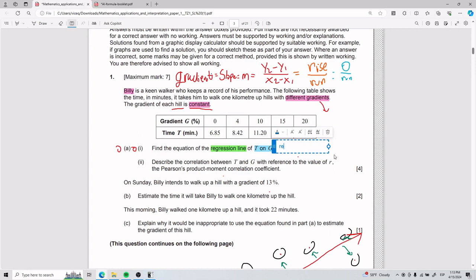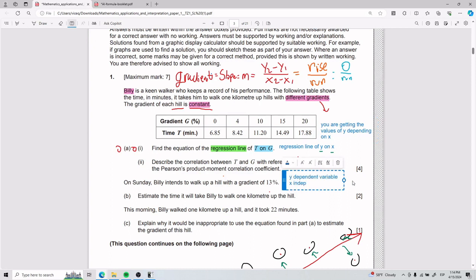The general form is regression line of Y on X. What that means is that you are trying to see the values of Y depending on what you got for X. So Y depends on X. Now you can even say that Y is the dependent variable and X is the independent variable.